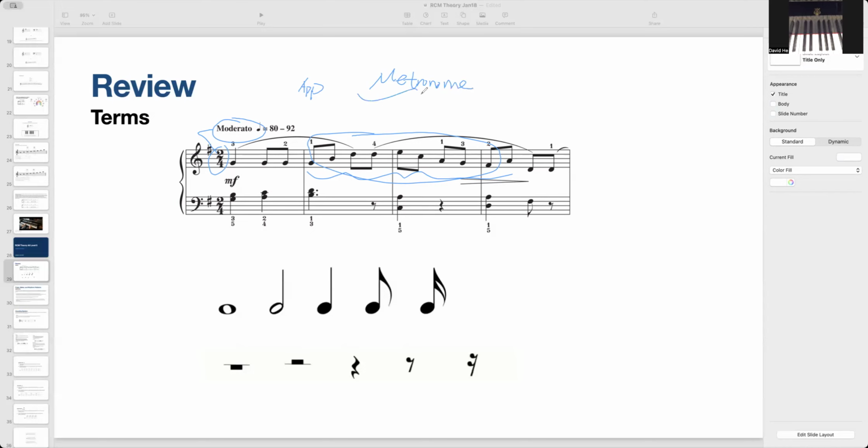Just download that if you don't have a physical one. And you can set up the beat. For example, this one is 80 to 92. You can choose anything between them or the lowest one. I suggest you just use the lowest one to practice, or even lower.